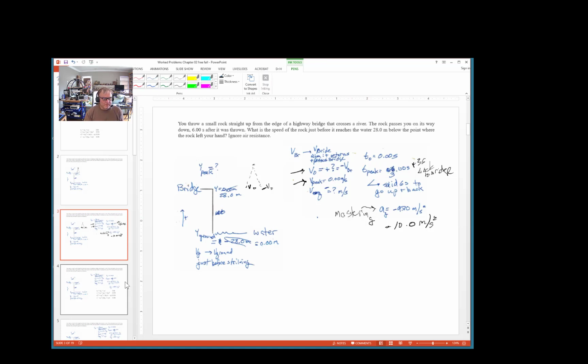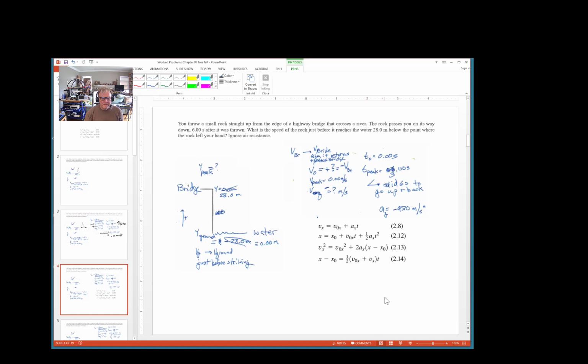Okay, so I look at this, and what equation am I going to use? My first inclination is to figure out how high it goes. One of the reasons I want to do that is that it wants to know what's the speed at the bottom, how high.